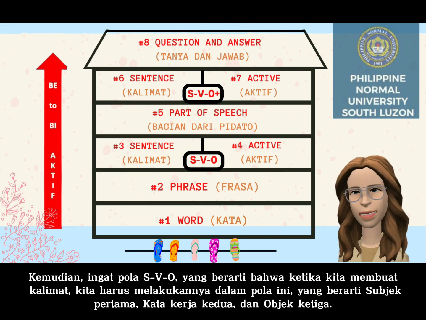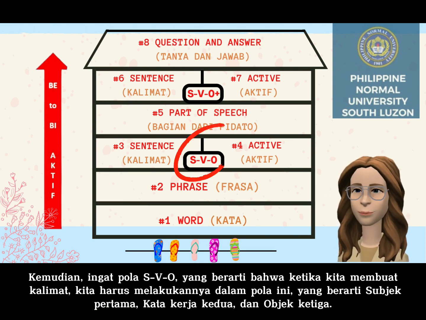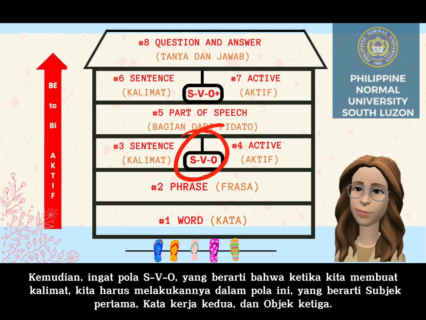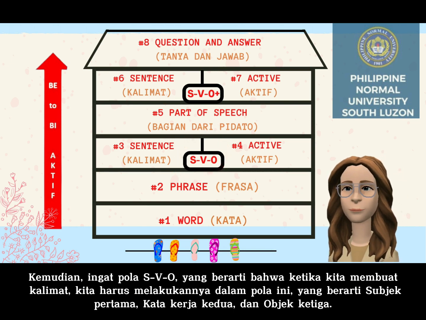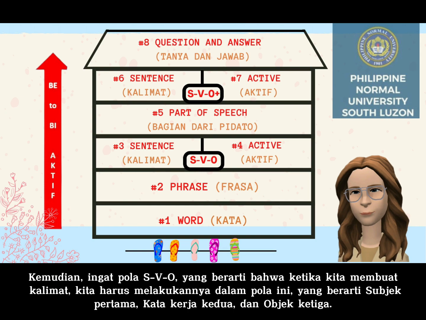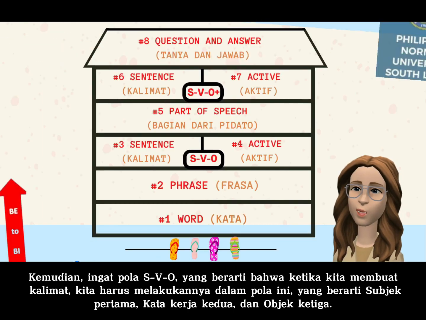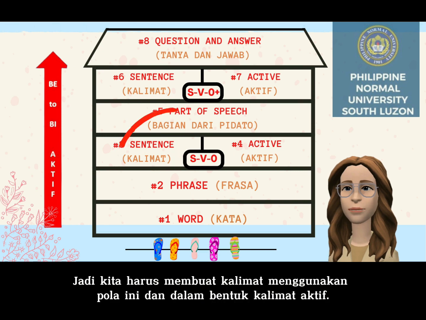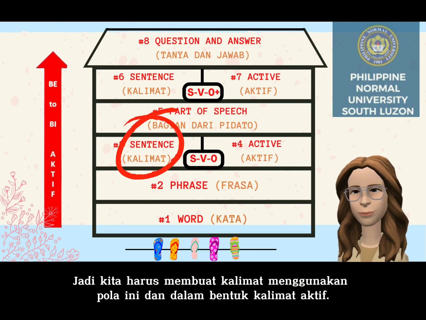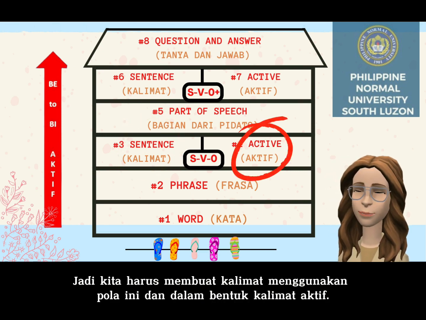Then, remember the SVO pattern, which means that when we make a sentence, we should do it in this pattern, which means subject first, verb second, and object third. So we should make a sentence using this pattern and in a form of active voice.